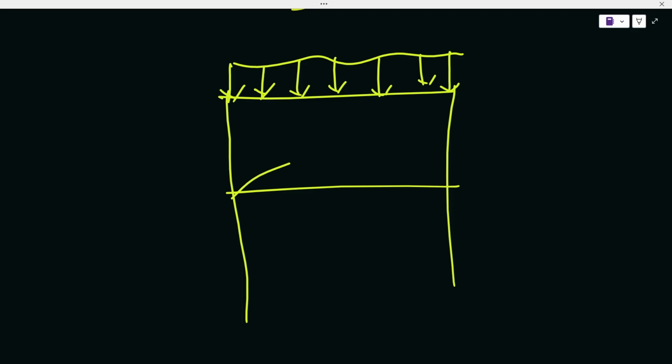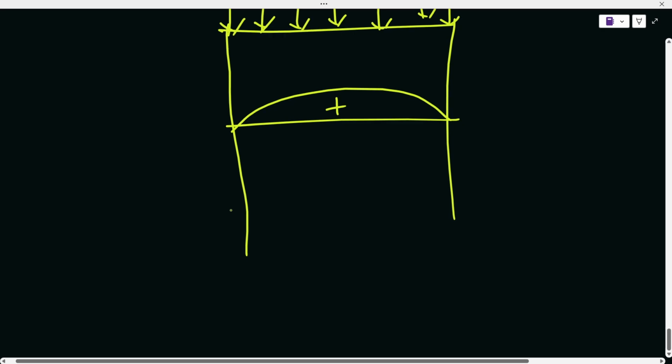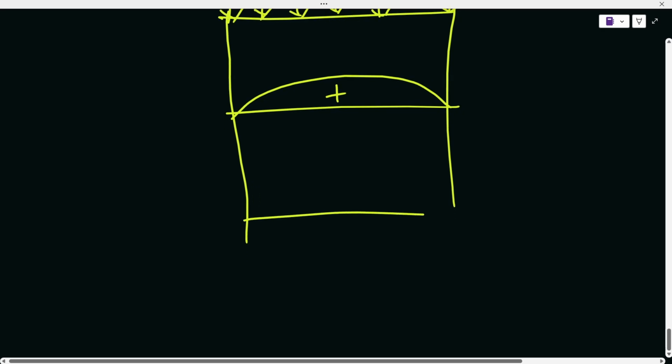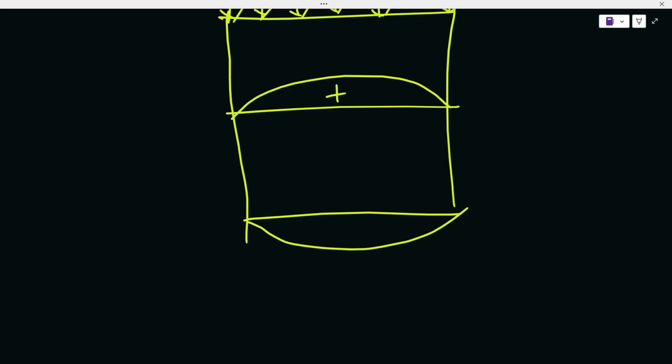So this will be the bending moment diagram, positive, and the elastic curve, if it's positive, will be a smiling face.